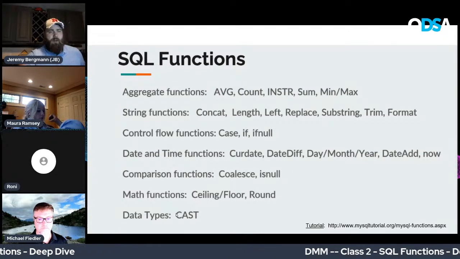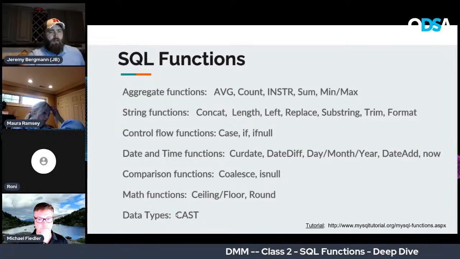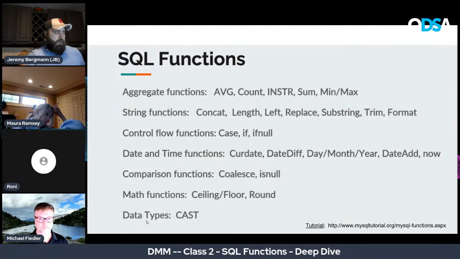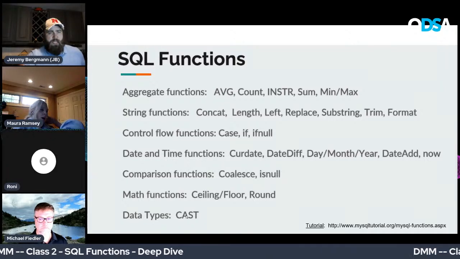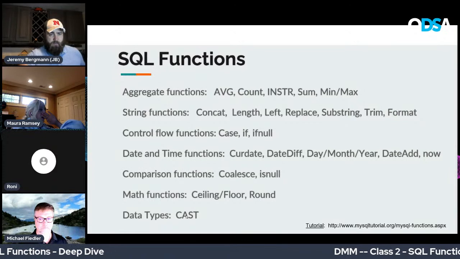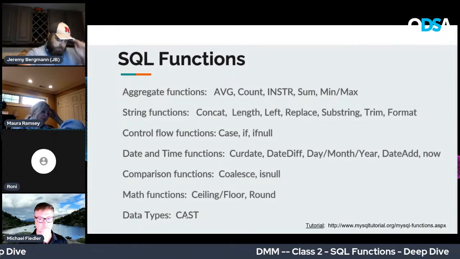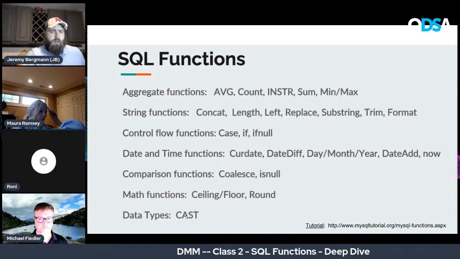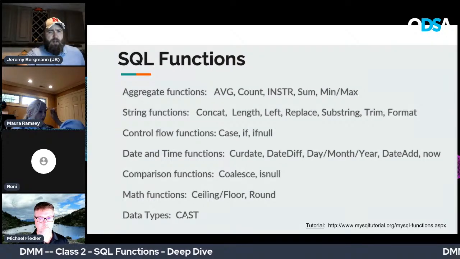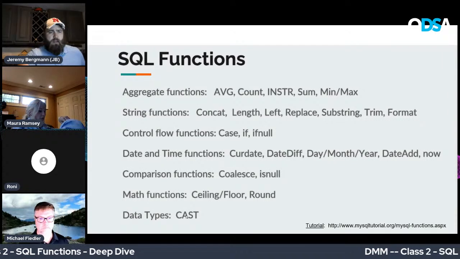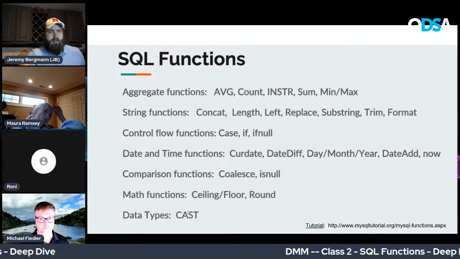While you can think of it as a scalar or value function, the cast function will change the data types of your variables. So oftentimes, for example, maybe you'll have dates stored as strings, so character values instead of dates in a table.